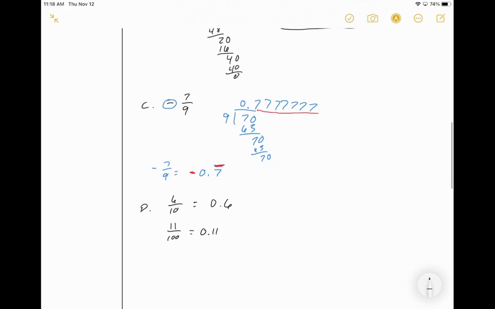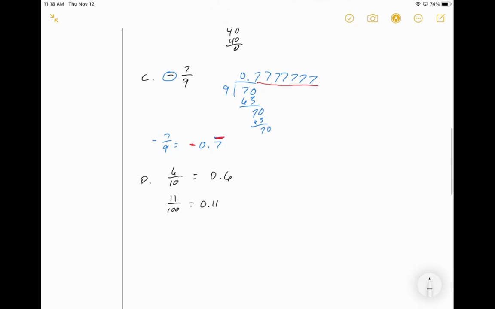Another one that's kind of interesting, okay, is we like 10 and we like 100. Let me explain. Here's an example. Let's say I had a fraction like this. 2/5. And I want to know what that was as a decimal. Well, watch this. Couldn't I just multiply the top and the bottom by the same thing? Multiply them by 2?